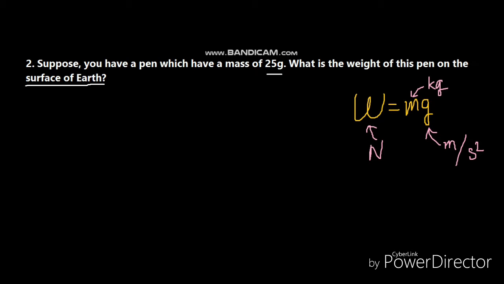So let's convert this value 25 gram to the unit of kilogram. So we know that 1 gram is 1 over 1000 kilogram.